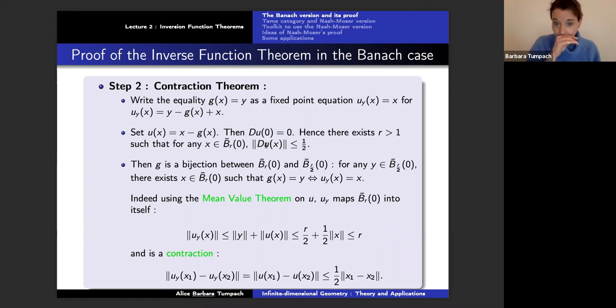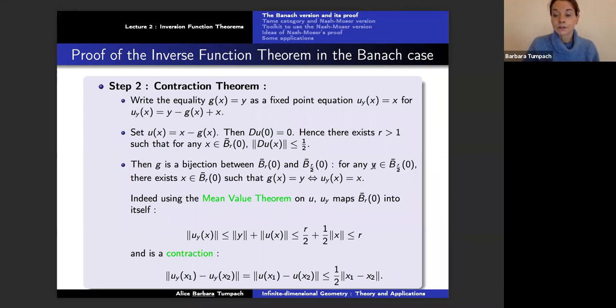Okay, so now we want to see that g is a bijection between two balls centered at 0, a big one which is of radius r, and the smaller one which is of radius r/2.